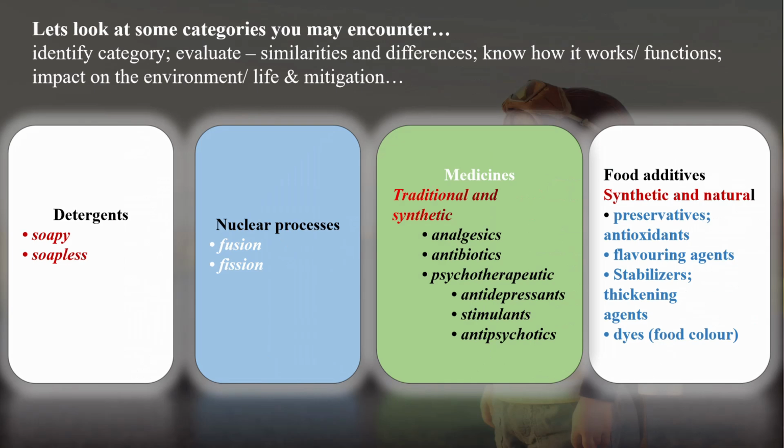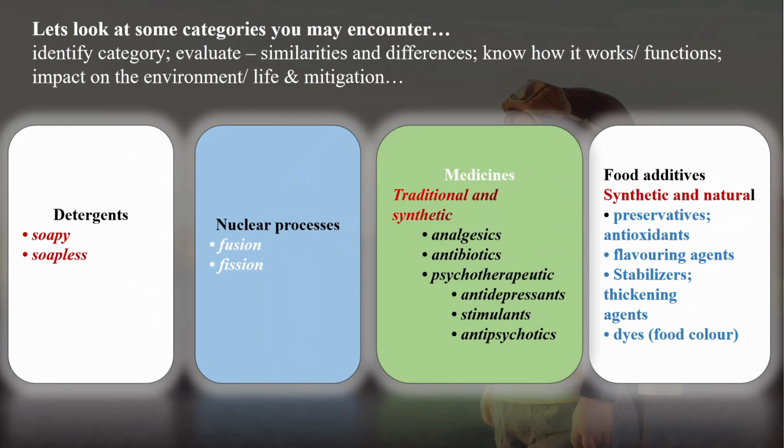Then we also have food additives, which are categorized into synthetic food additives and natural food additives. Under food additives, we have those used for preserving food, those used to prevent oxidation of food, which are called antioxidants, and those which give good flavor, called flavoring agents.